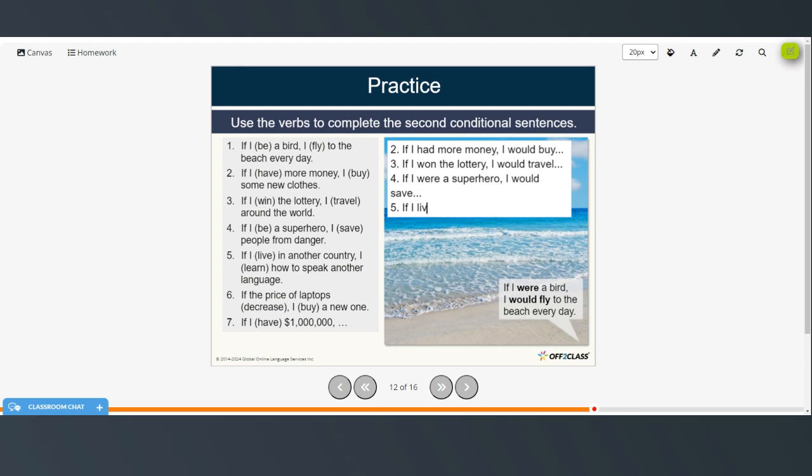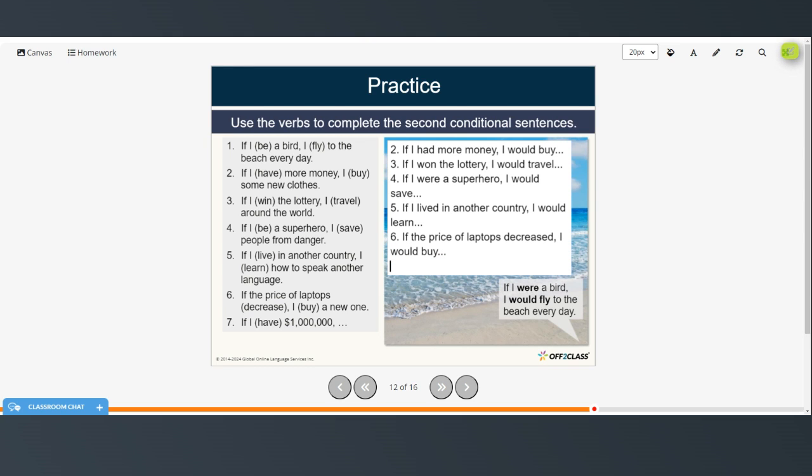If I lived in another country, I would learn how to speak another language. If the price of laptops decreased, I would buy a new one.